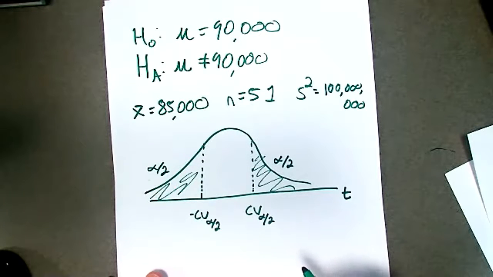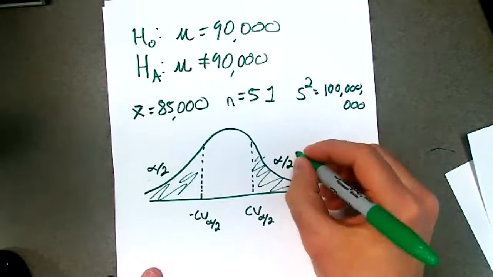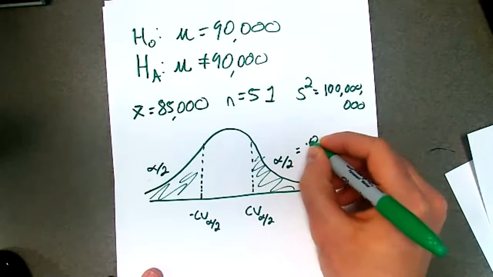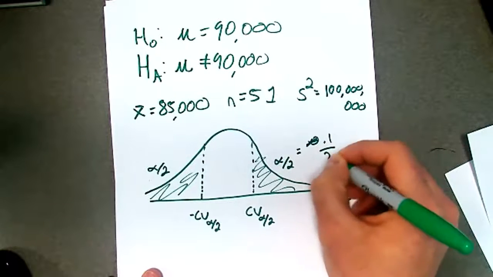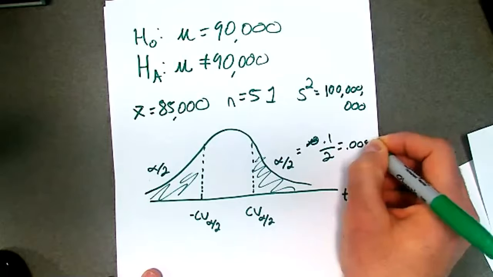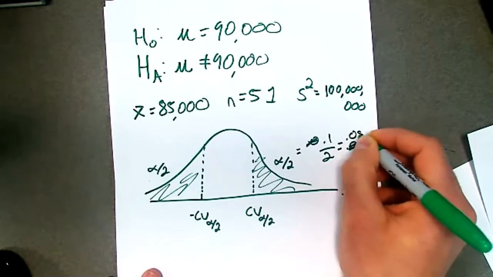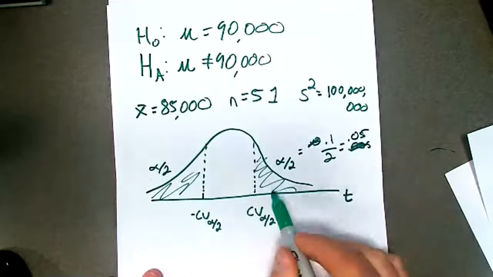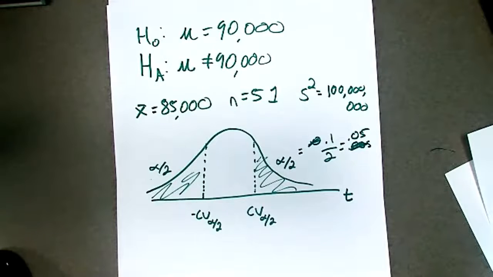I think I asked for 3 different alphas, but let's just do the first one. So alpha of 0.1 over 2 is 0.05. So I want 0.05 in each tail.